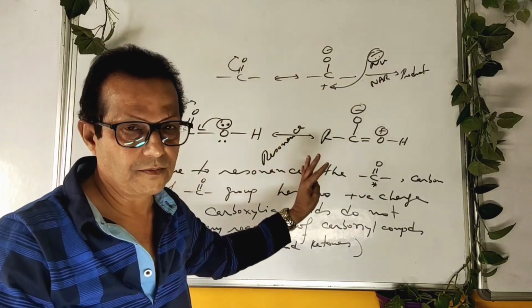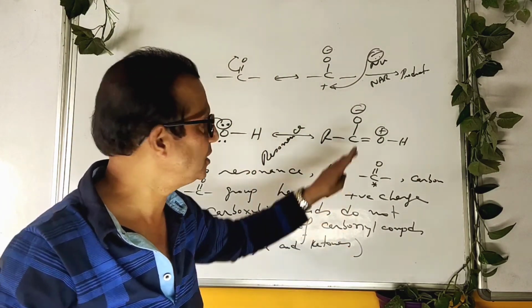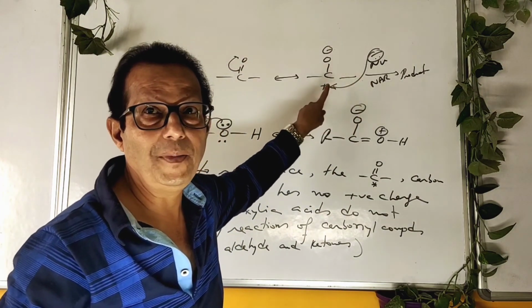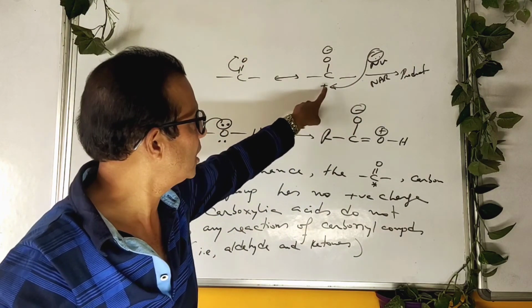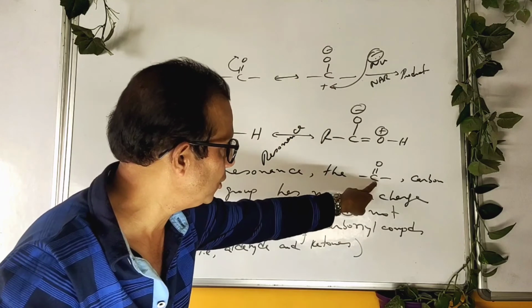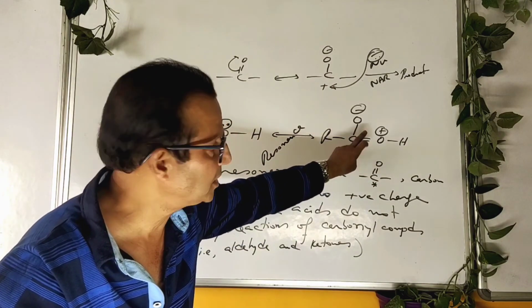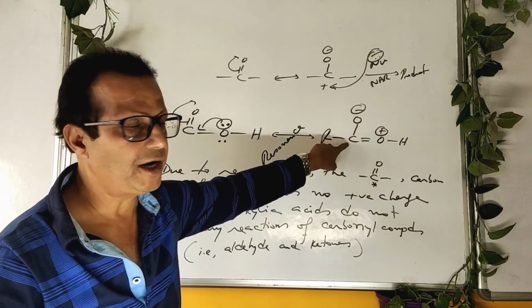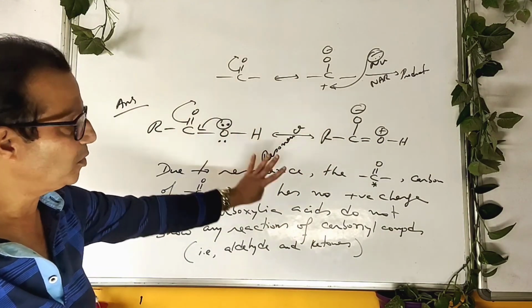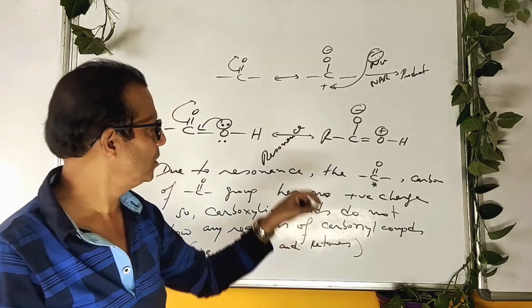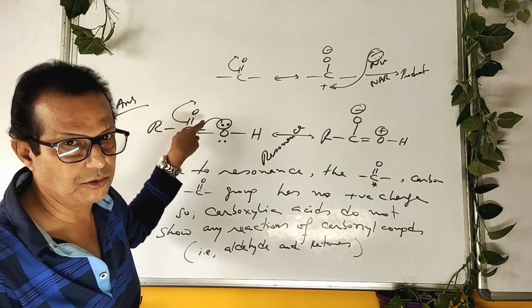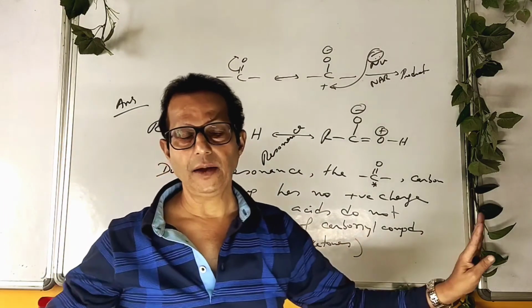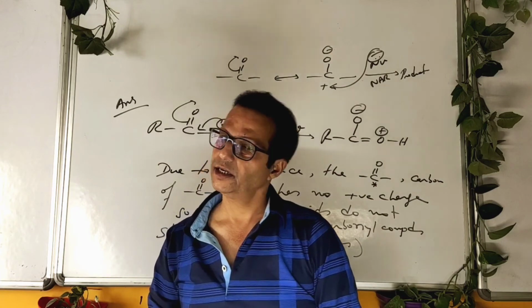The main funda of nucleophilic addition reaction is the development of a positive charge on this carbon atom. But here, due to resonance in carboxylic acid, no positive charge is developed on this carbon atom. That's why carboxylic acids, though they contain C double bonded O, never give any chemical reactions of aldehydes and ketones.